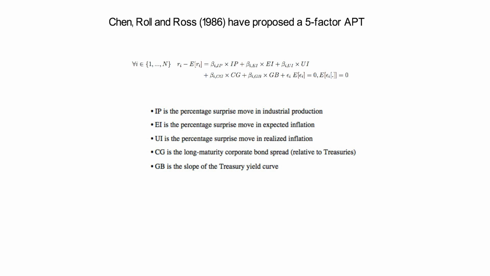EI is the percentage surprise move in expected inflation. UI is the percentage surprise move in realized inflation. CG is the long maturity corporate bond spread relative to treasuries. And GB is the slope of the treasury yield curve. Notice that later in the course, we will talk about the Fama-MacBeth approach for estimating such factor premiums.